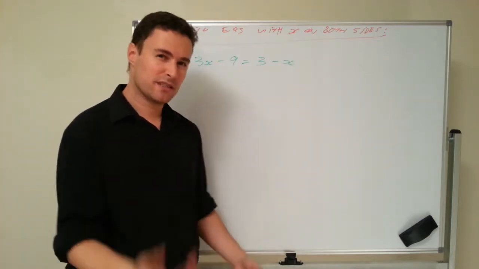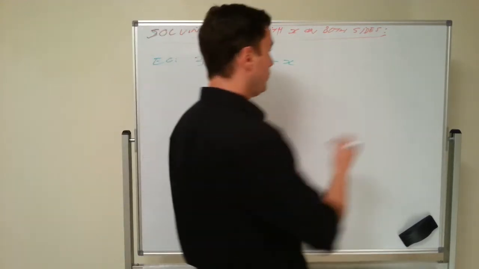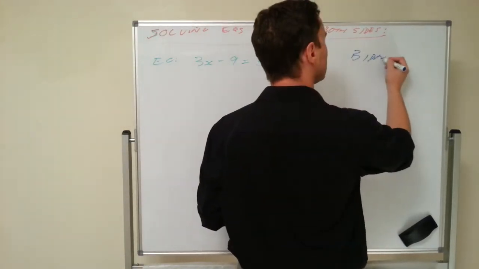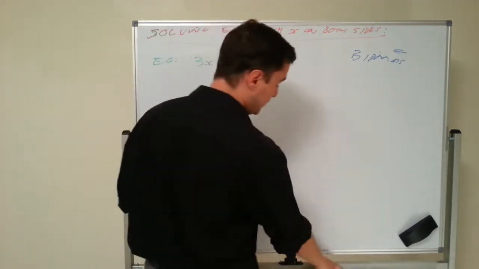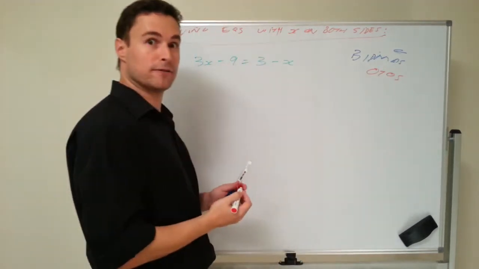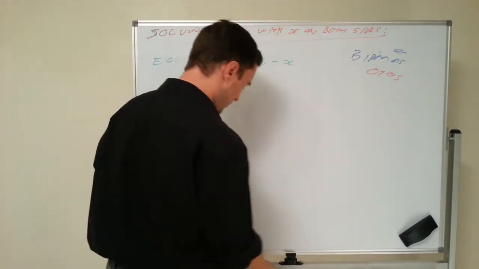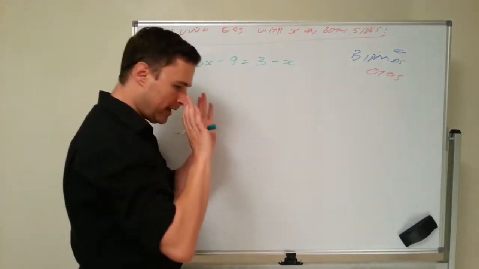Start to think of them as things you can move around. Like my previous videos, BidMass backwards decides what to get rid of first. That's my decision algorithm. And OTOS actually gets rid of stuff, opposite to the other side. So let's get all the x's to this side and all the non-x's to that side.